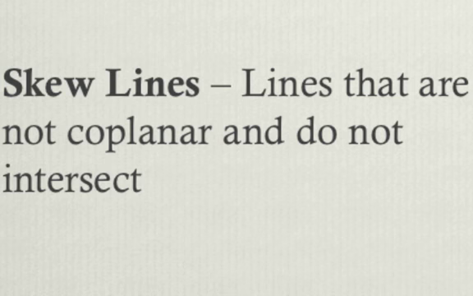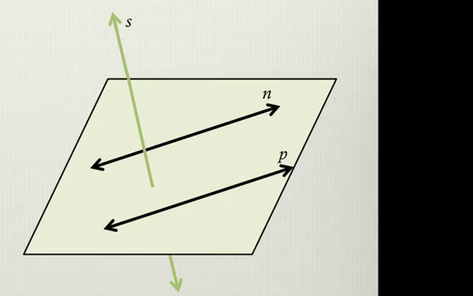So let's take a look at the figure here. We've got three lines in our diagram. Lines N and P are parallel lines. We can see that they are in the same plane and they are parallel to each other. They do not intersect. And then we've got this line S that is sticking through. It looks like it's piercing the plane.